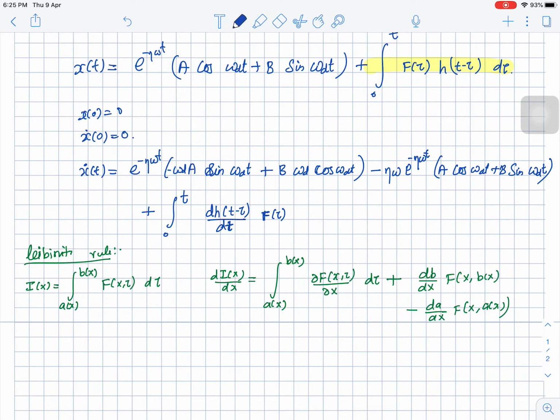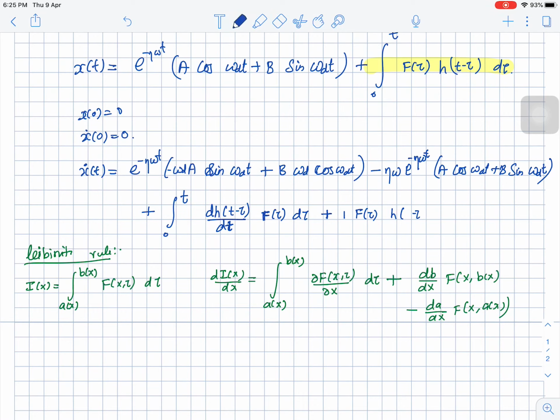Then d tau, and the derivative of t becomes 1. So then we can write f of tau, h of t minus tau.